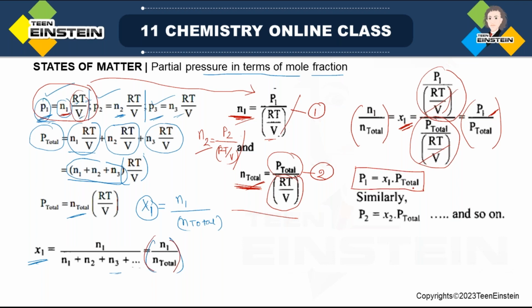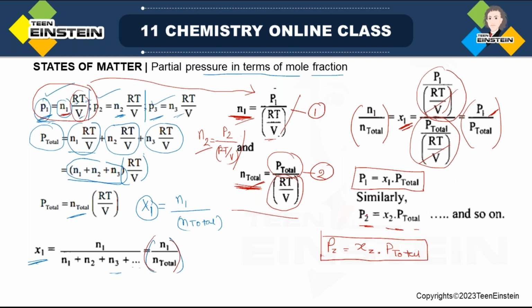Okay, so this equation will help us to solve some problems. Similarly, it is also true for other components. So in general, I can write that P for any component, suppose I'm writing Z here, will be the mole fraction of Z into P total. So it is true for any component which is present in the mixture.